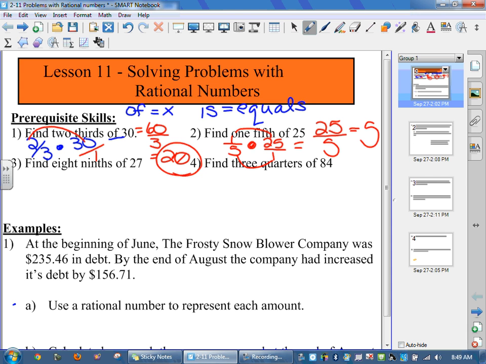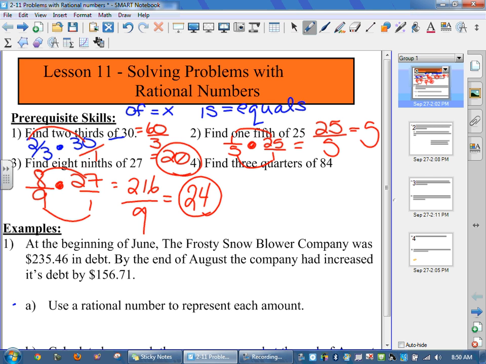8/9. So that means 8 over 9 of 27 times 27 over 1. Multiply tops, multiply bottoms. What do you get for a top number? 216, good. Divide by 9 gives us how big? 24. Gives us 24.